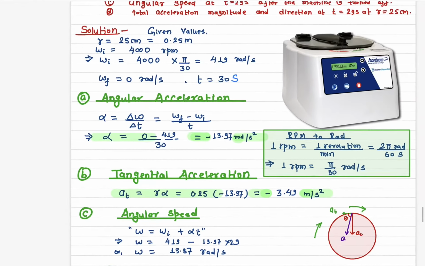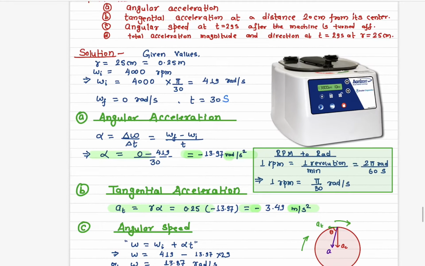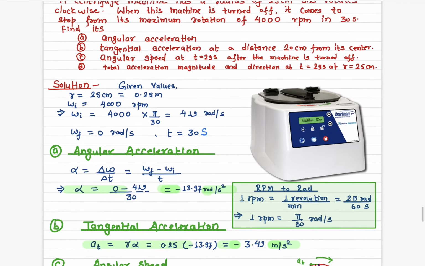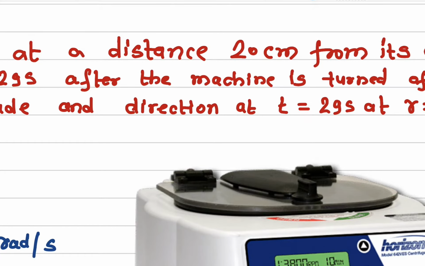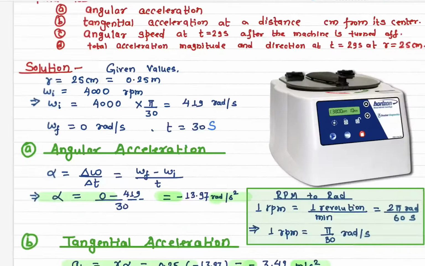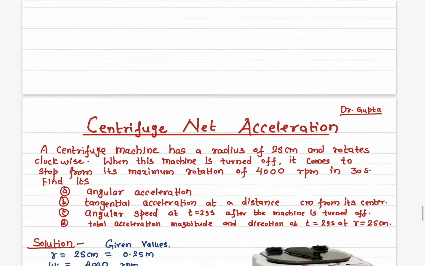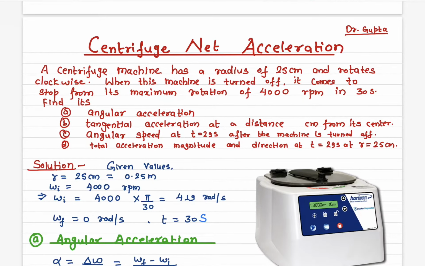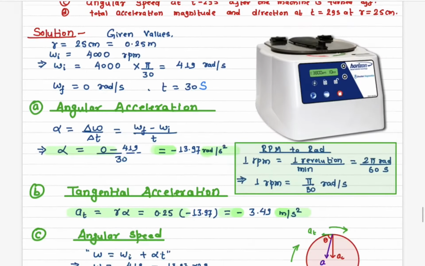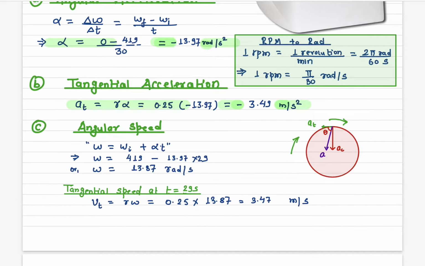And it is asking you to calculate at 20 centimeters, I think this has to be 25 centimeters. So at 25 centimeters away from the center, this is what you get, 3.49.